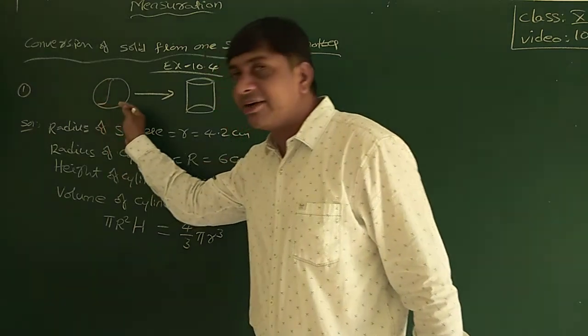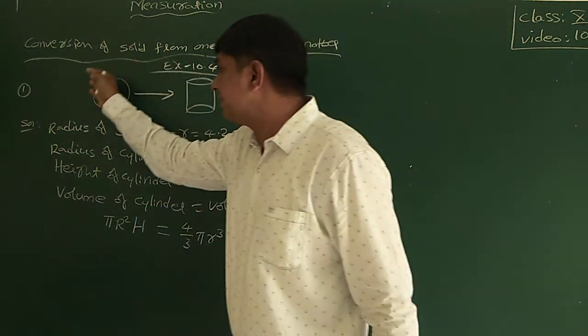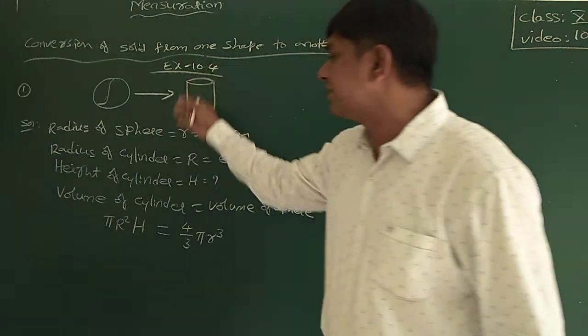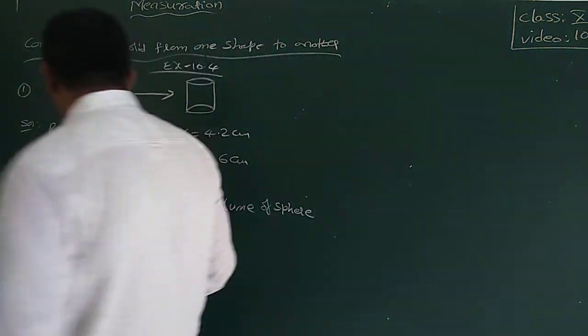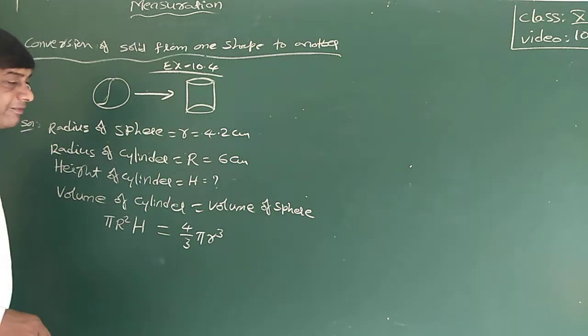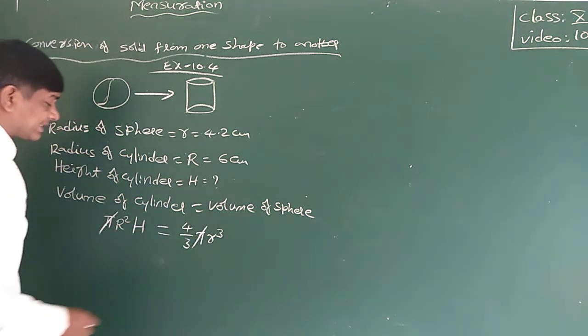So this sphere you are going to convert in the form of a cylinder. So the volume of this sphere and the volume of the cylinder are equal. Volume of a cylinder is pi R square H, volume of a sphere is 4 by 3 pi R cube. Pi gets cancelled.